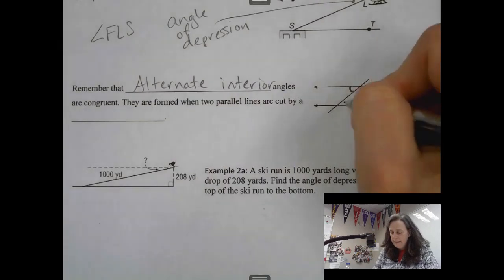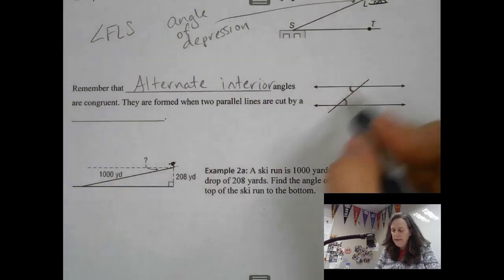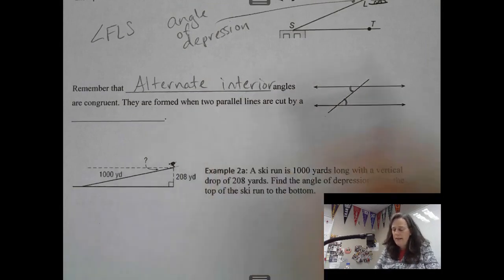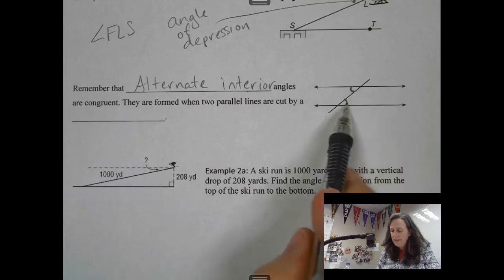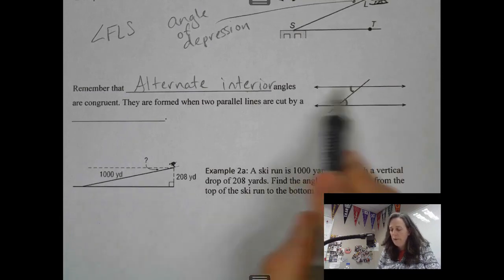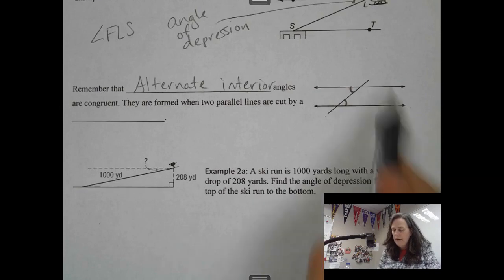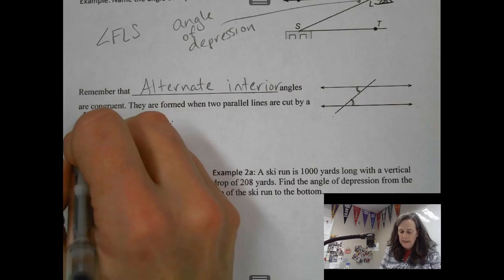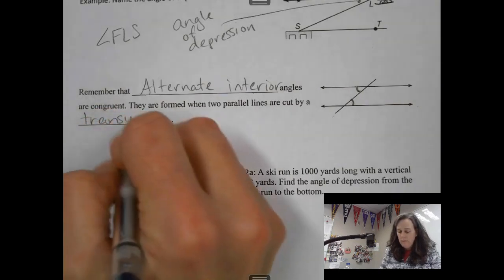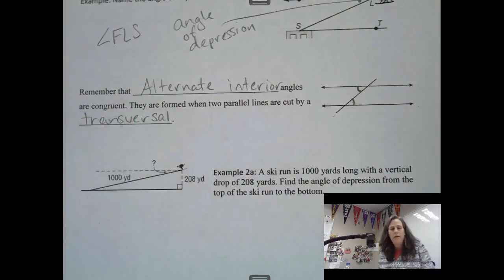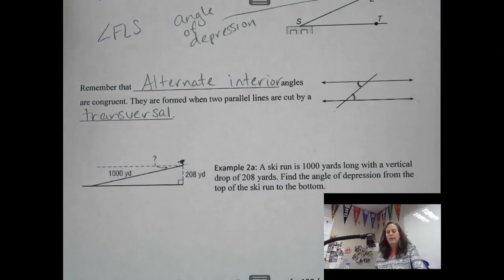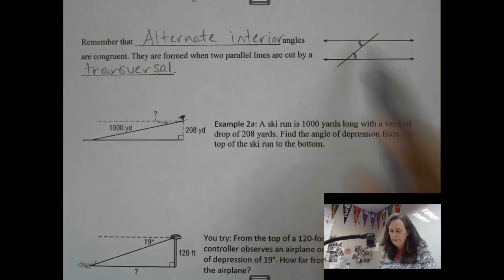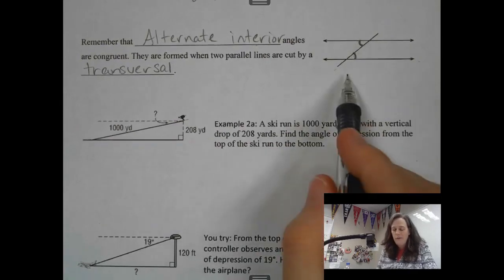Alternate, so they're opposite sides of that transversal, and they're also interior, so they're on the inside of those two lines. These two angles are congruent. When you have two parallel lines cut by a transversal, alternate interior angles are congruent. So, and this is the transversal. Remember pulling that up? I saw a lot of good pictures in those final projects for the semester with transversals, alternate interior angles. Okay, so that's going to help us a little bit.